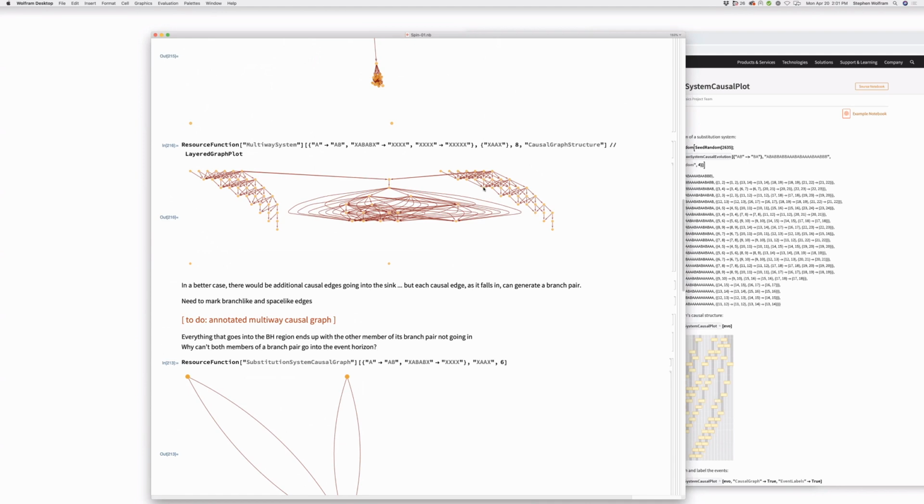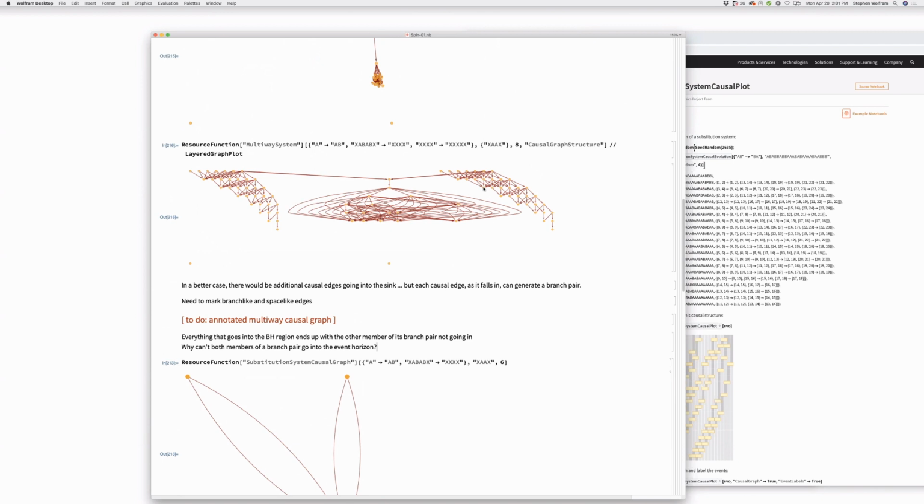Right? But my point is that a branch pair occurrence is an instantaneous event, right? The branch pair happens, and then the point is one of them is inside, and the other one is outside. Of course, the one that's outside might eventually fall back in. There's no rule against Hawking radiation eventually being reabsorbed. Yeah, right.